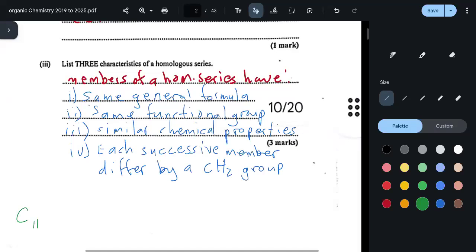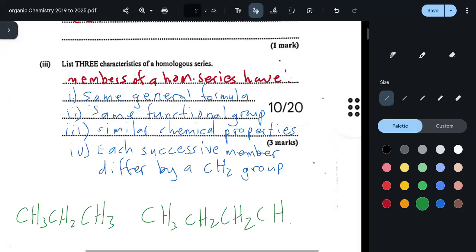So let me just show you quickly. CH3, CH2, CH3. So that one is propane. And then butane, CH3, CH2, CH2, CH3. If you did ethane, there would be no CH2 group.